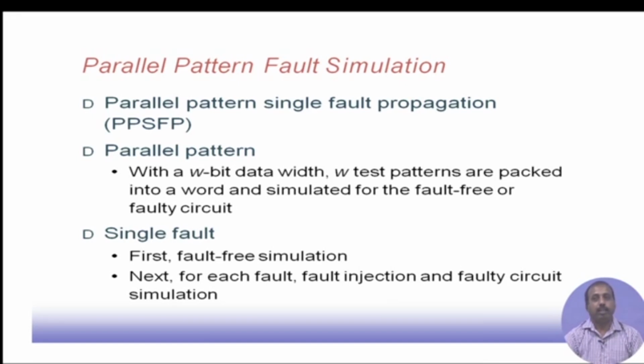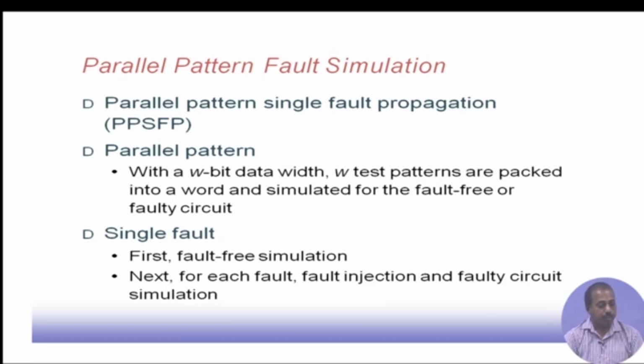At one time only one particular fault, or the good circuit, is simulated, but we pack W test patterns into the word. That way the operation becomes parallel. Naturally, a single fault is handled at a time.